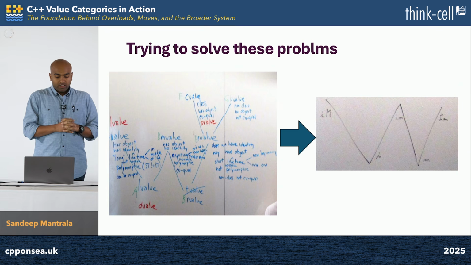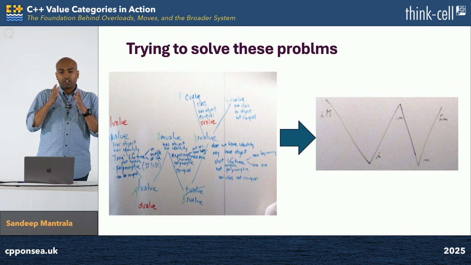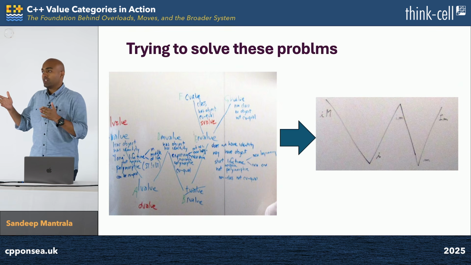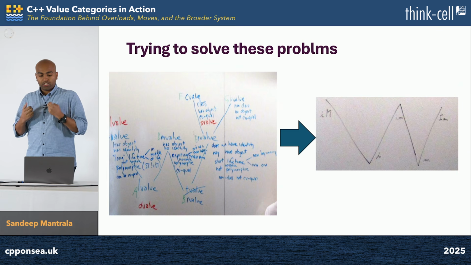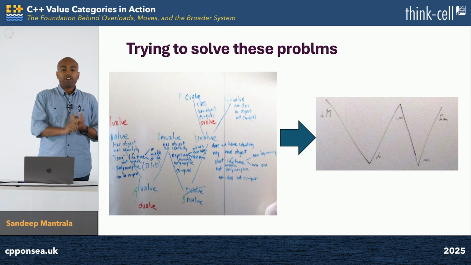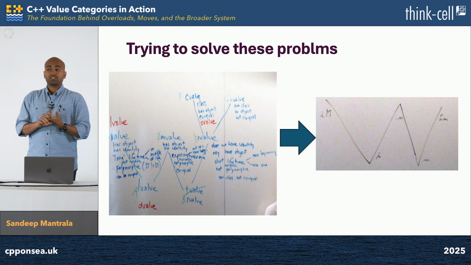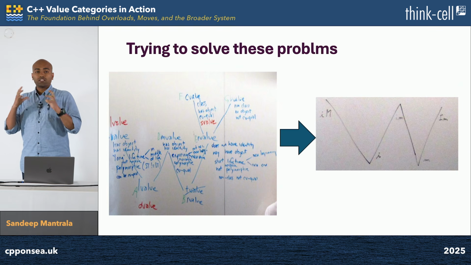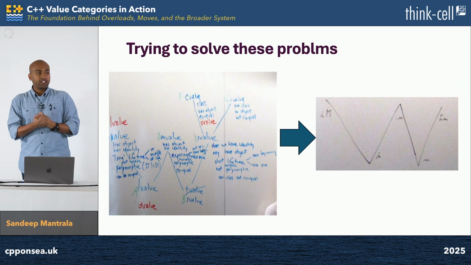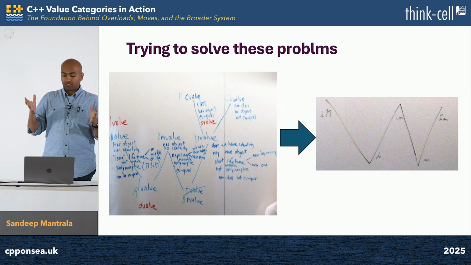When they examined all the different types of value categories, we just need to communicate in terms of two parameters: whether the result of the expression can be moved or not, and secondly, whether the result of this expression has an identity beyond this expression.